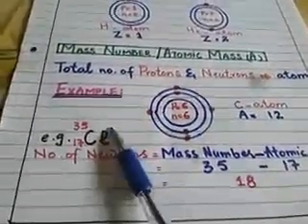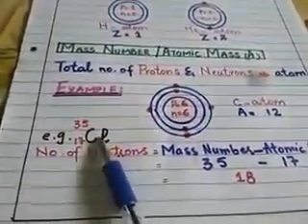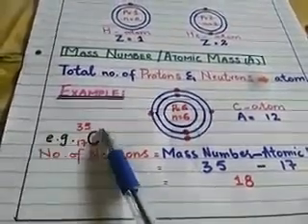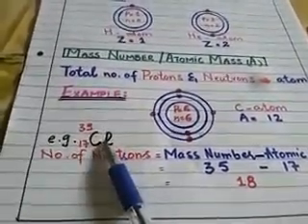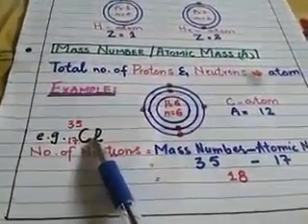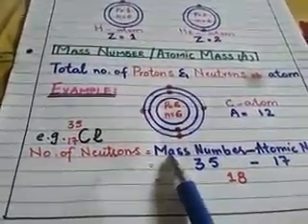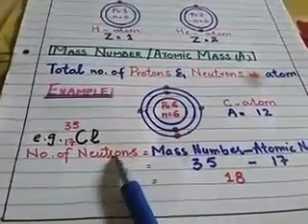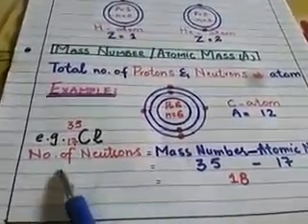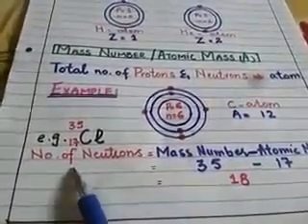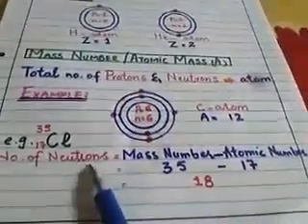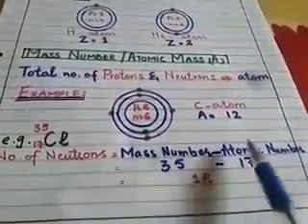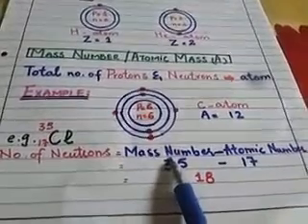Okay? So we can simply tell the number of protons and mass number by looking at the symbol of an element. But how can we tell the number of neutrons? There is a simple formula to calculate the number of neutrons of any element. We have to subtract atomic number from the mass number.